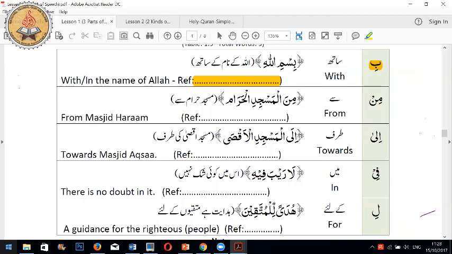So particles of more than one letter are used as independent as well as in combination. But the one-lettered particles, harf, prepositions, demand an attachment, a link with the next word in front of them.